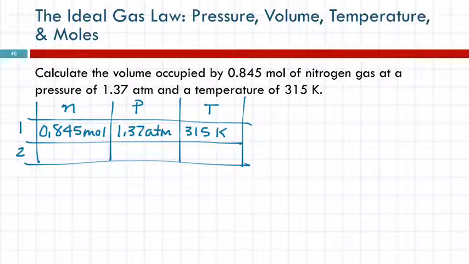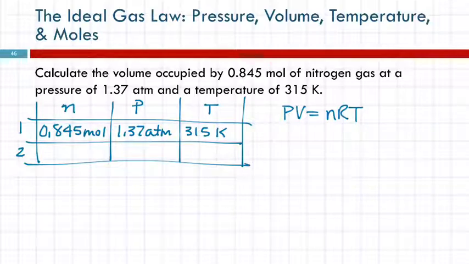So, because I don't have any 1s and 2s, I just have this one set of numbers, I'm going to use the ideal gas law. I don't want to use something that has 1s and 2s because I don't have any 2s. So that means I need the ideal gas law, PV equals nRT. What is the question? Calculate the volume.